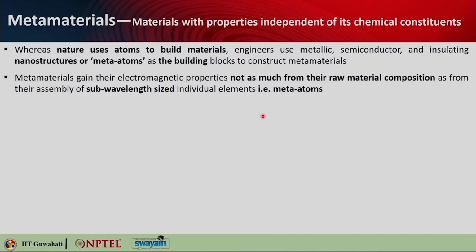So the property of the metamaterial mainly depends on the structural design of the meta atom, not very much on the property of the material used for that structural design. The material will play some role, but not a major role. The structure itself plays the most important role.